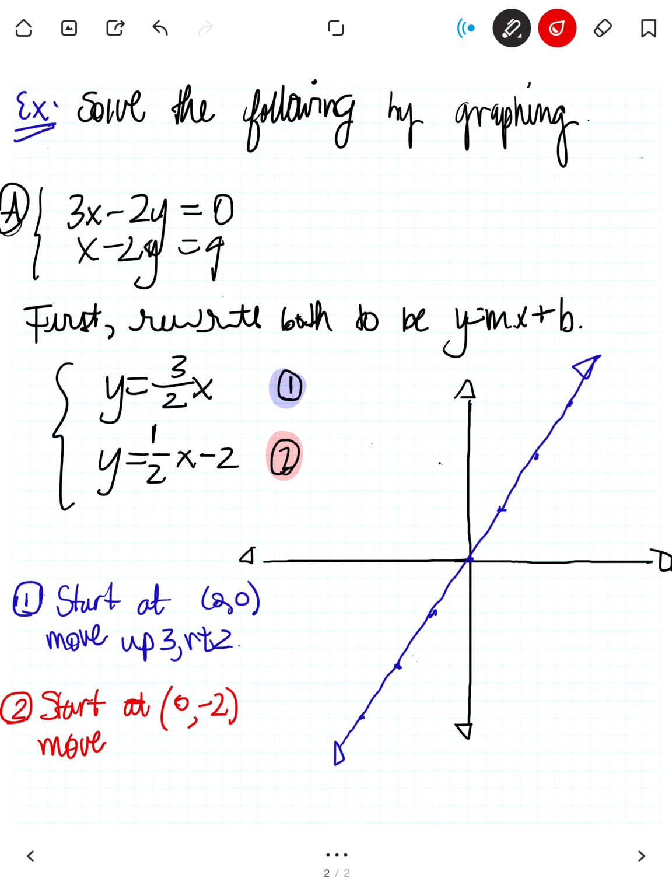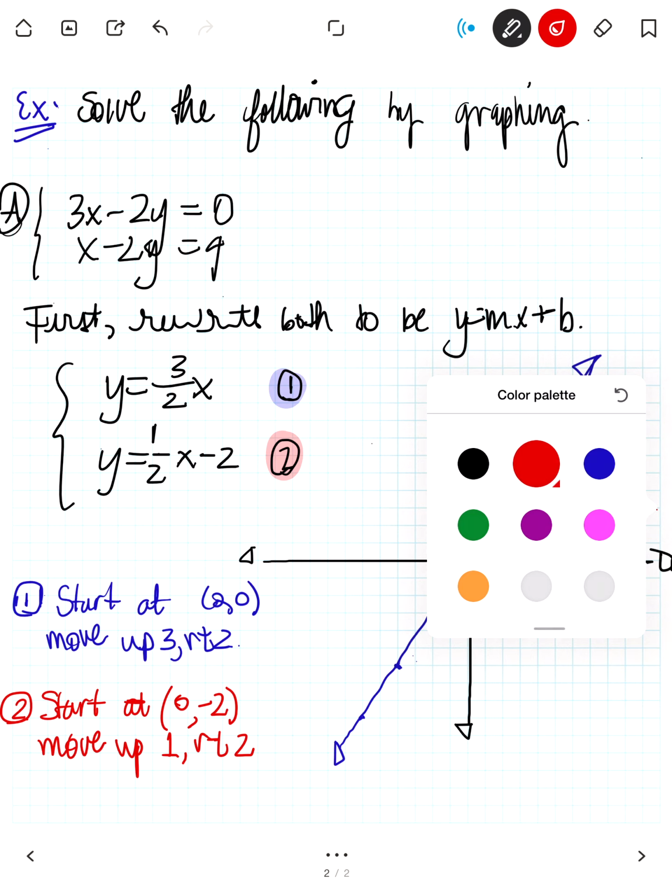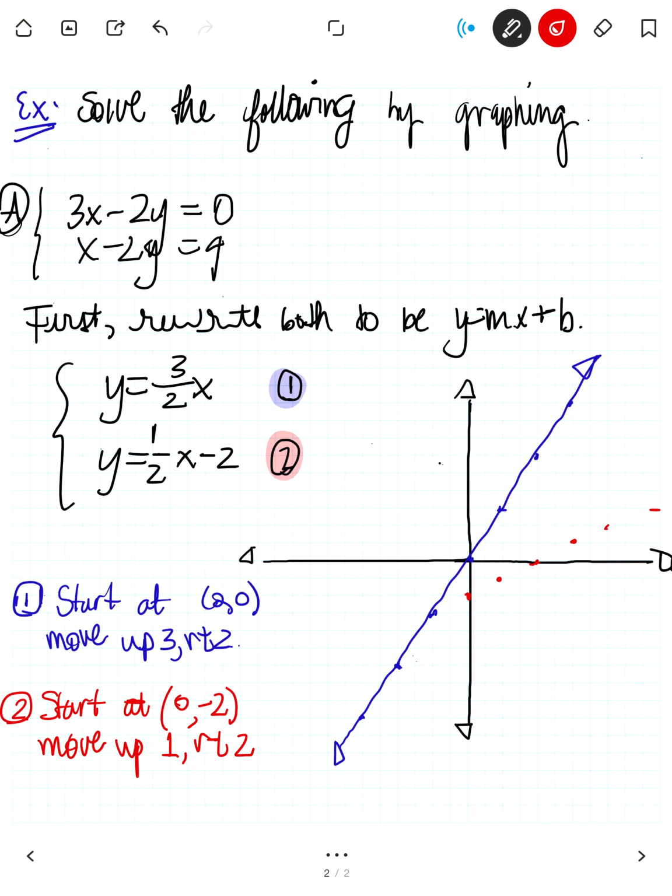This is a positive 1/2 slope, so we can move up 1, right 2. So start at 0, -2, move up 1, right 2, up 1, right 2, up 1, right 2, up 1, right 2, up 1, right 2.